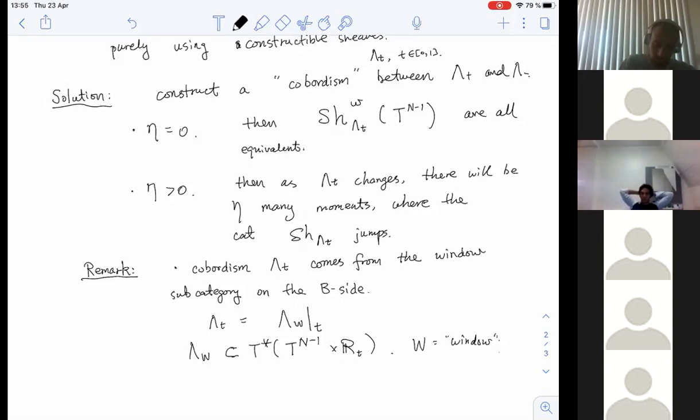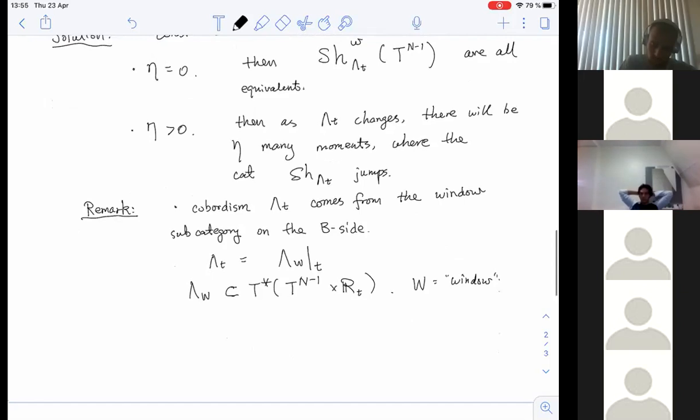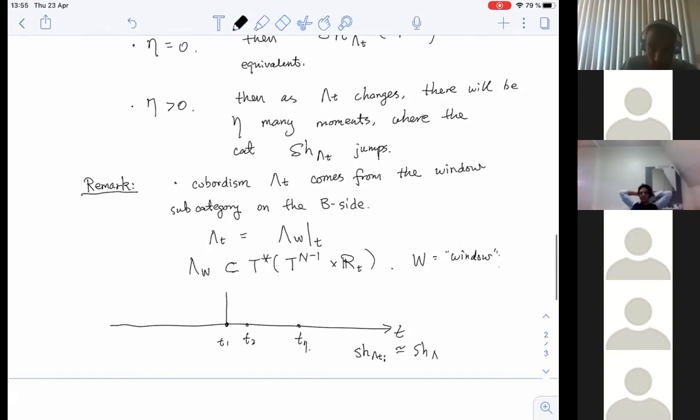As t increases from, say, minus infinity to positive infinity, there are certain singular times, say t1, t2, through t eta, and the sheaf at lambda t_i is equivalent to the sheaf at lambda t_i minus epsilon. Those things do make sense, but it doesn't make sense in an interesting way. Yeah. Thanks.